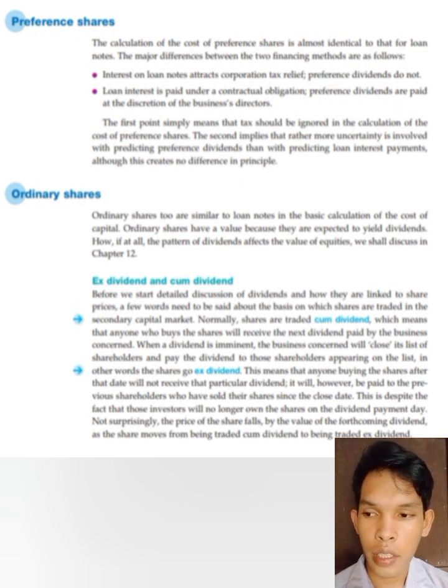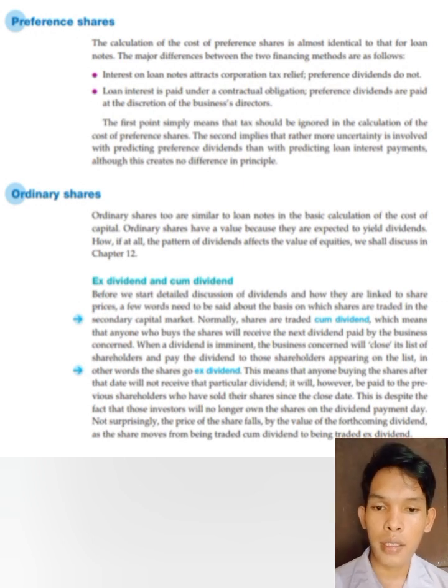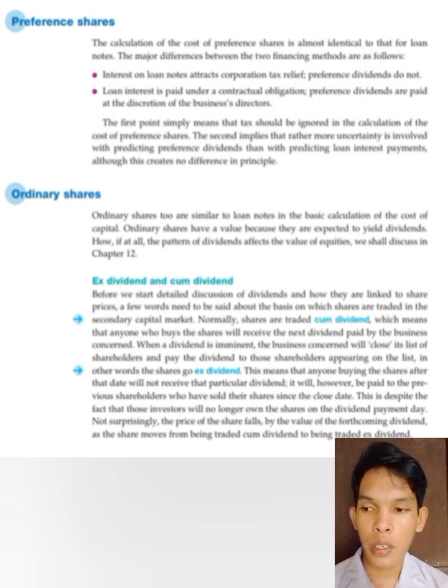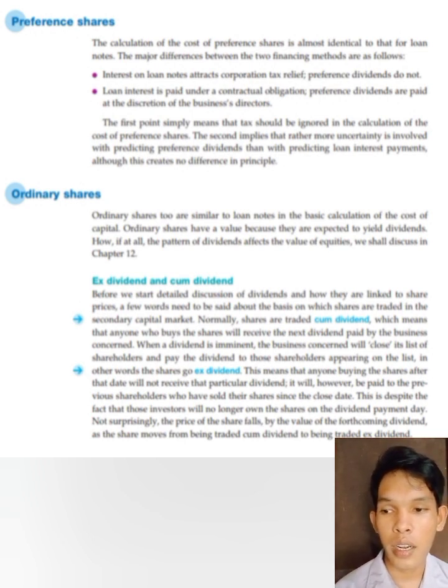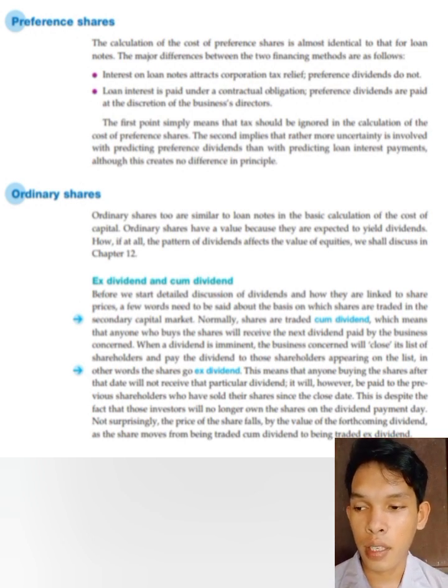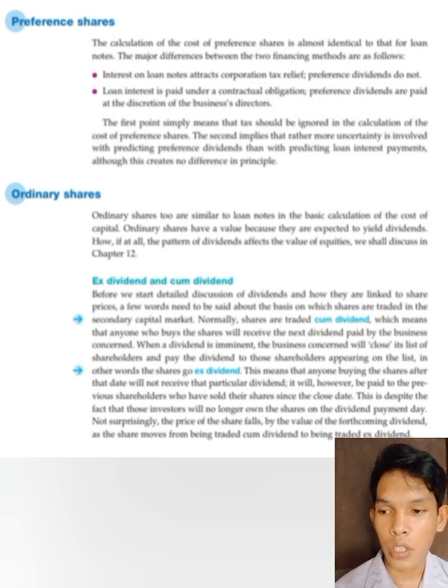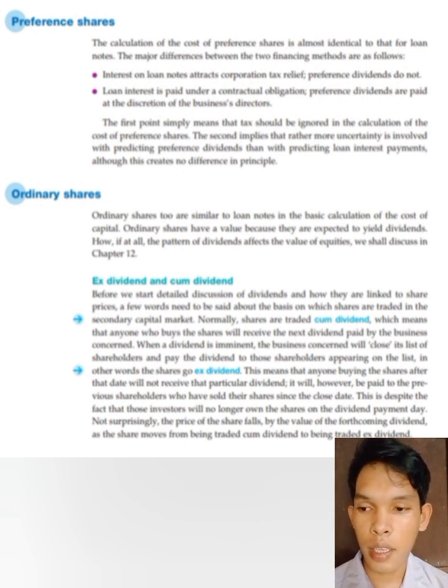Ordinary shares. Ordinary shares are a basic calculation of the cost of capital. Ordinary shares have a value because they are expected to yield dividends, ex-dividend and cum dividend. Cum dividend means that anyone who buys the share will receive the next dividend paid by the business.